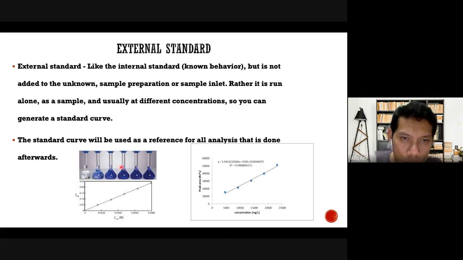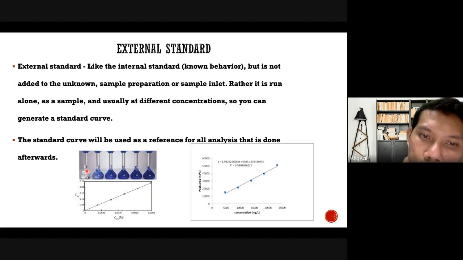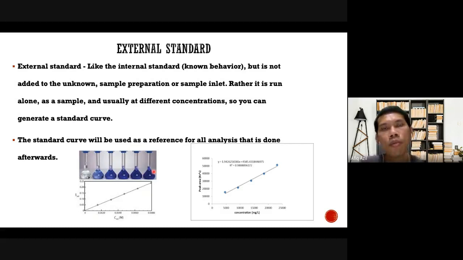If you look at this picture, this sample has a very dark blue color, while this one is a clear solution. This has the highest concentration of that particular compound, while this one has 0. So you have to do a serial dilution. Let's say this concentration is maybe 5 molar. You do a dilution, half, and another half, and another half.